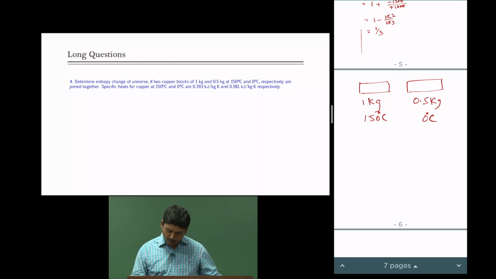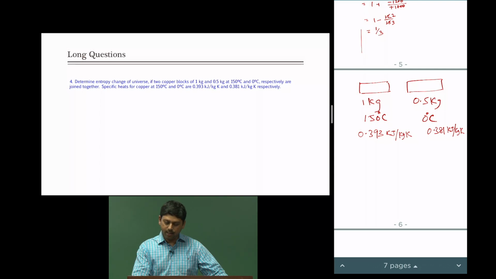Specific heat of the copper at 150 degree is 0.393 kilojoule per kg Kelvin, and this one is 0.381 kilojoule per kg Kelvin. So, we are not assuming that the heat capacity is constant at different temperatures. So, what will be the change in entropy?